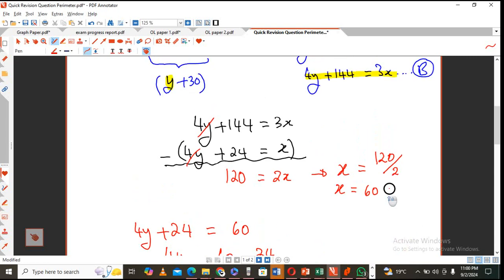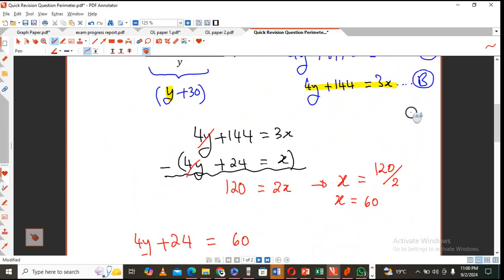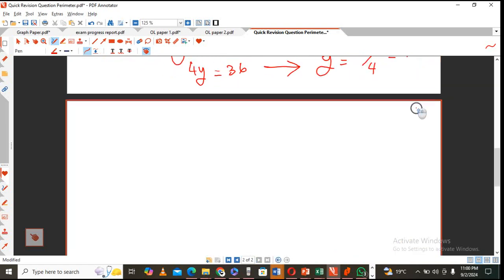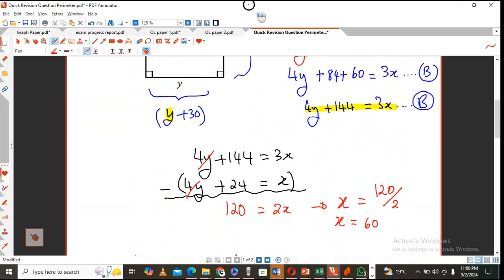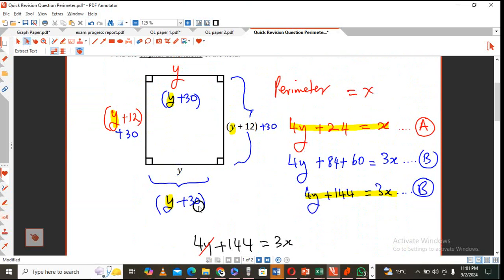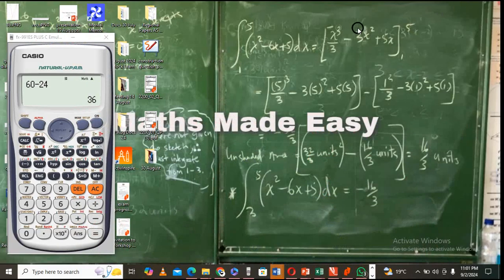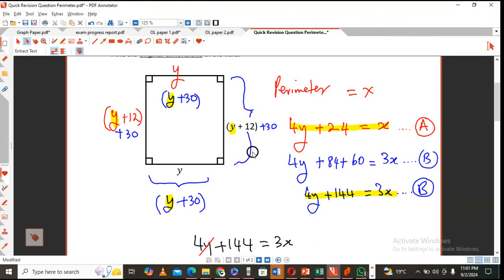Now if I go back to my original rectangle, let me just find my mouse.